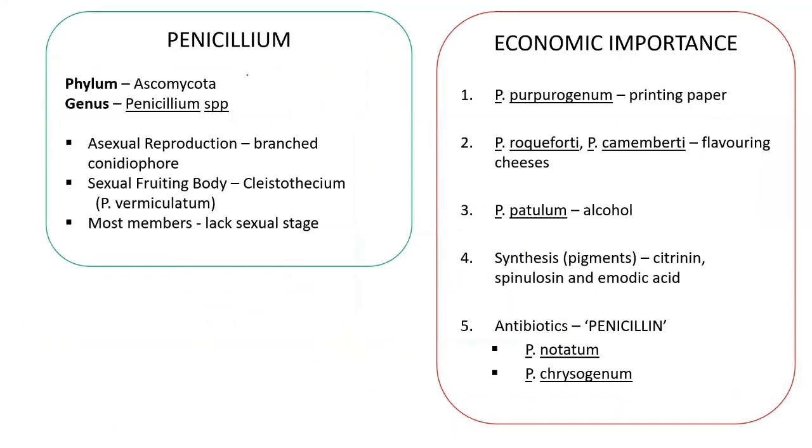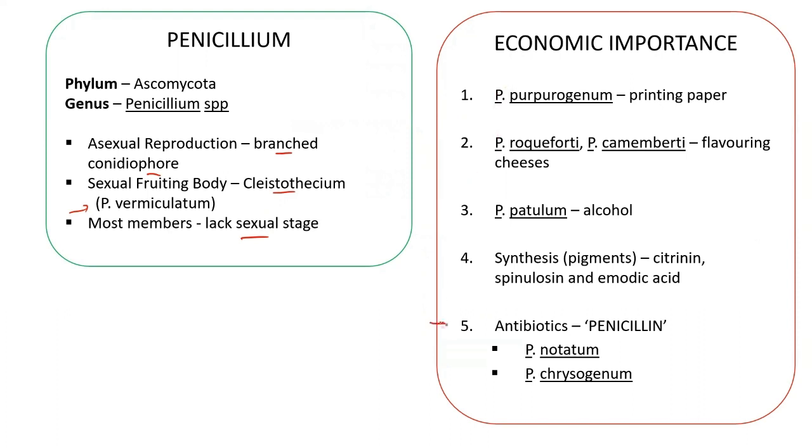The second genus is Penicillium, and in this also asexual reproduction is mostly seen, and it is through branched conidiophores. The sexual fruiting body, if found, like in this species, is Cleistothecium. Most of the members lack a sexual stage. You should know the different economic importances that are related.